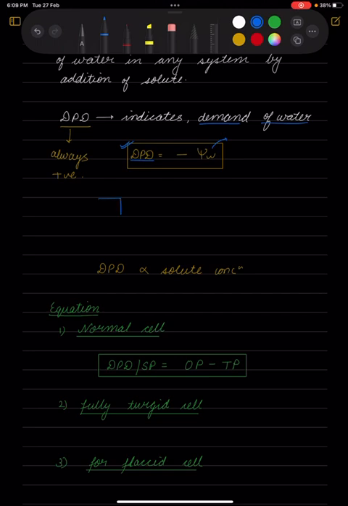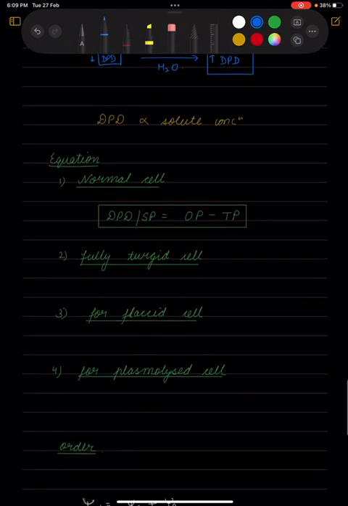Water will flow from low diffusion pressure deficit to high diffusion pressure deficit. Easily understandable. Next, diffusion pressure deficit is directly proportional to the solute concentration, that is, it depends on how much solute is present in the water. If more solute is present, there will be more demand for water.